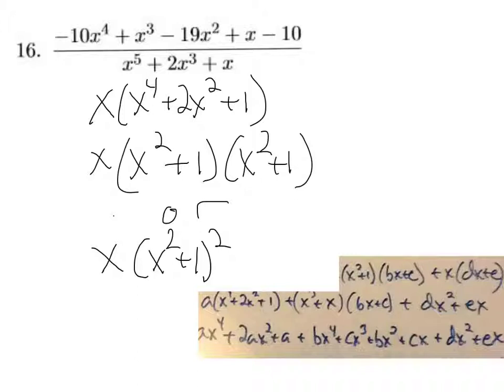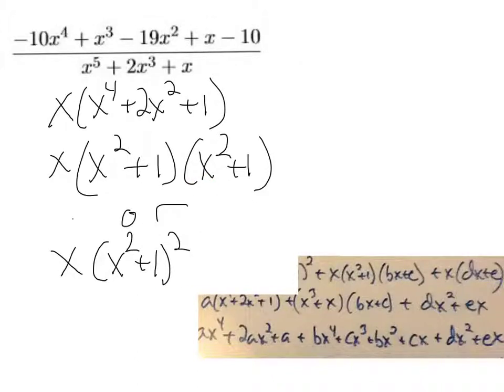And then what you've got to think about is that I'm going to be able to write my decomposed fraction with an x in the denominator, and then because I've got repeated quadratic factors, that's a quadratic factor that will not factor any further.